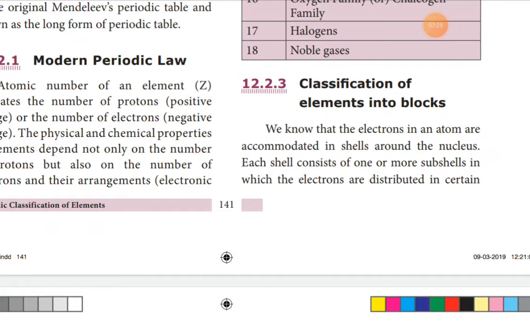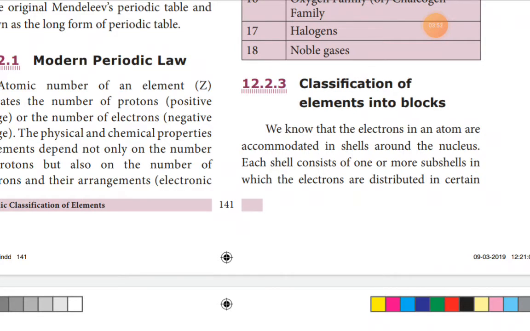In an atom, protons and neutrons are located in the nucleus at the center, and the electrons revolve around the nucleus. Electronic configuration is nothing but the distribution of electrons in the different atomic orbitals.